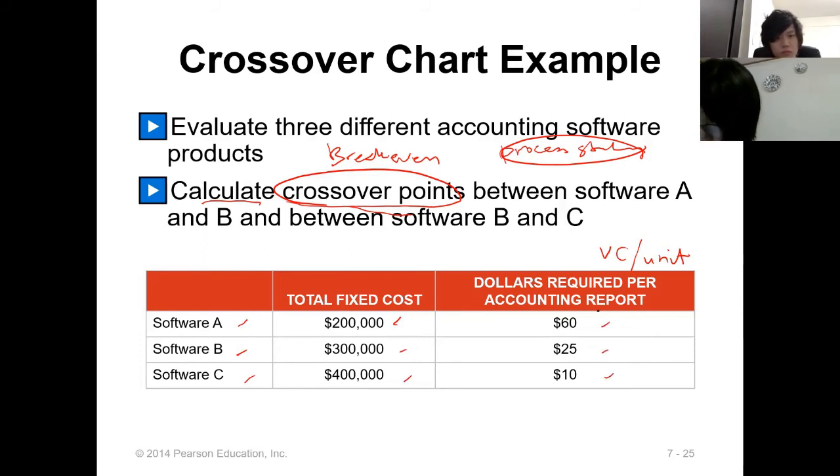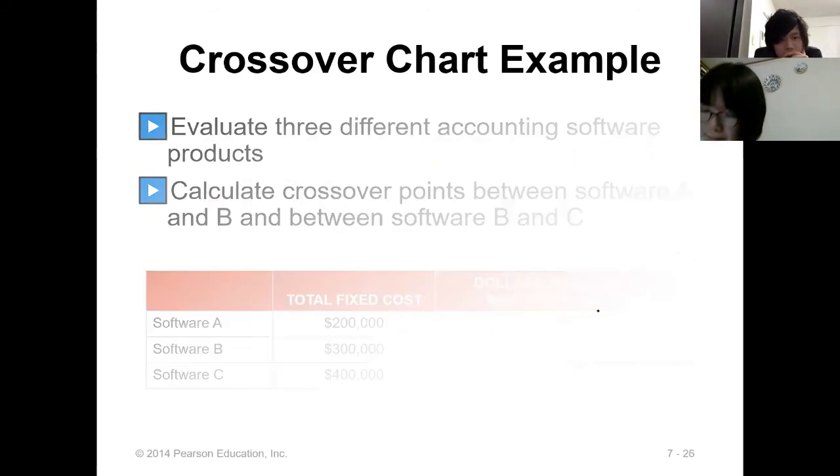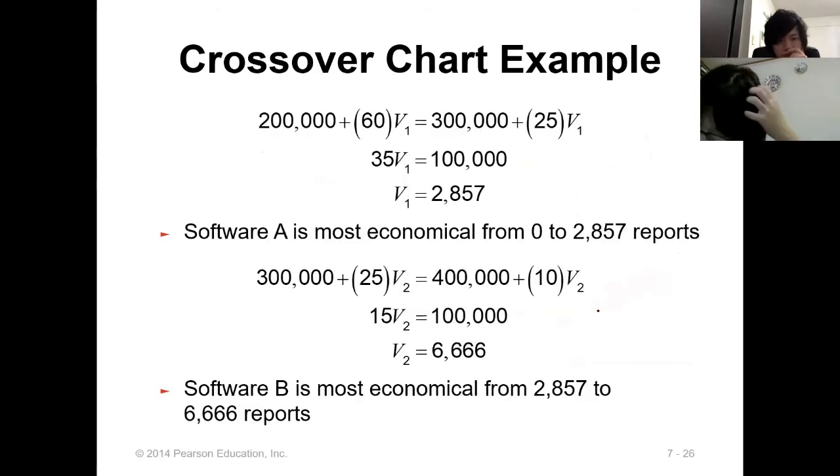So you have three options, and I want to know, for a certain volume that I produce, which is best. It's called crossover because I want to know the crossover between option A and option B, between option B and option C, or even A and C.